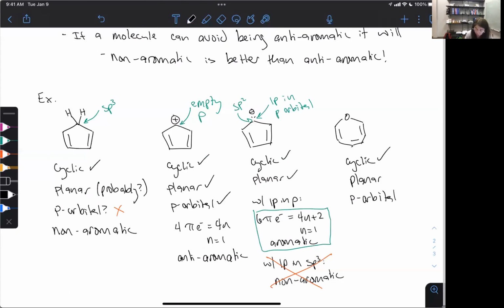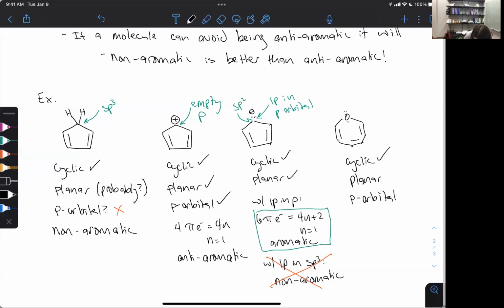Okay, so p orbital, I again have a situation where I've got lone pairs that can be part of that pi system, or maybe could not be part of that pi system, depending on what is going to serve that molecule the best.